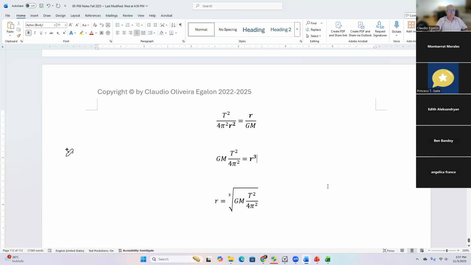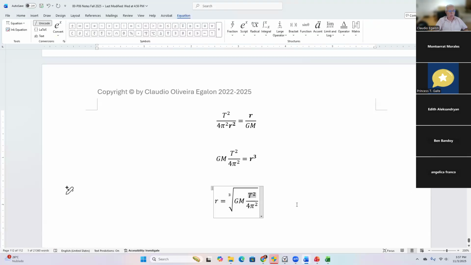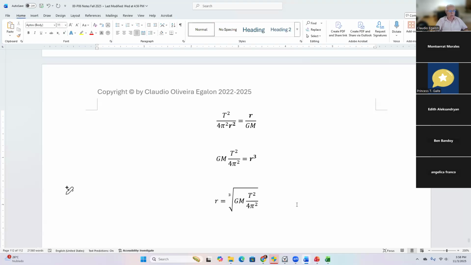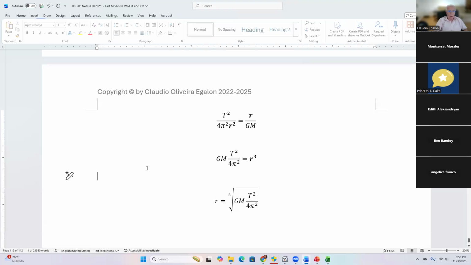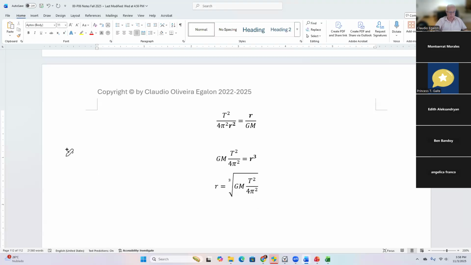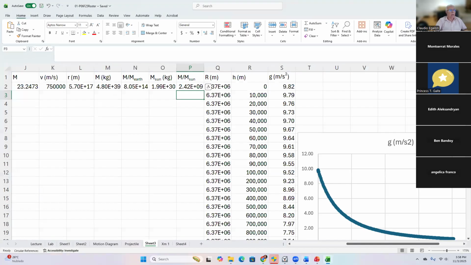Okay. And now we have to substitute 24 hours here. 24 hours times 3,600 seconds, right? 24 times 3,600, because everything must be in the regular units of the SI system. And let me get my spreadsheet again.